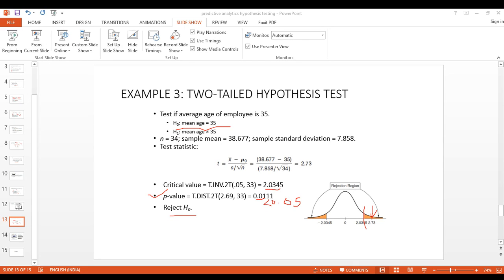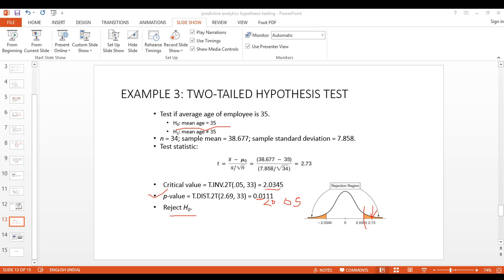You come to Data Analysis, and then here what we have to do is ANOVA single factor. You scroll down, there must be ANOVA here.